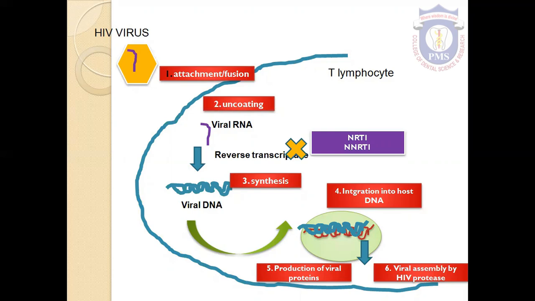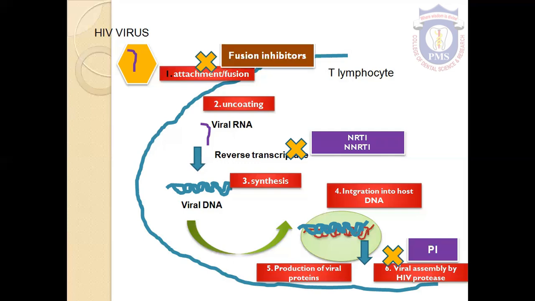NRTI means nucleoside reverse transcriptase inhibitors, and NNRTI means non-nucleoside reverse transcriptase inhibitors. Some are protease inhibitors. Some inhibit attachment and fusion; these are known as fusion inhibitors. Some are integration inhibitors, known as integrase inhibitors.